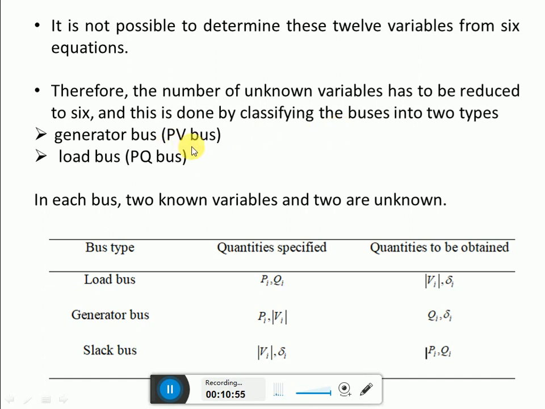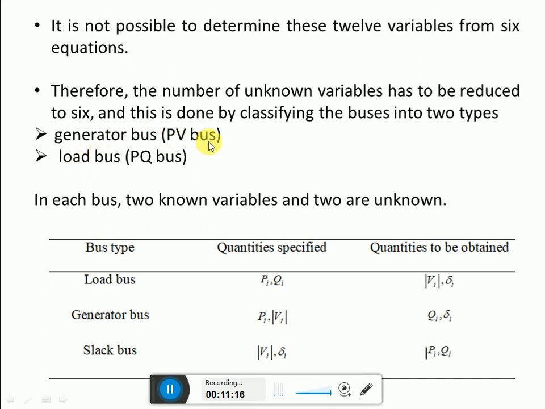One is the generator bus, another is the load bus. Now what is this generator bus actually? It is a bus where the generator is connected, and this is also called the PV bus.